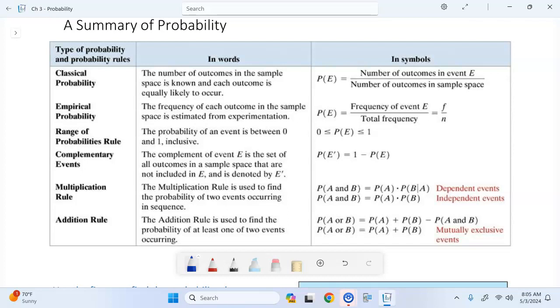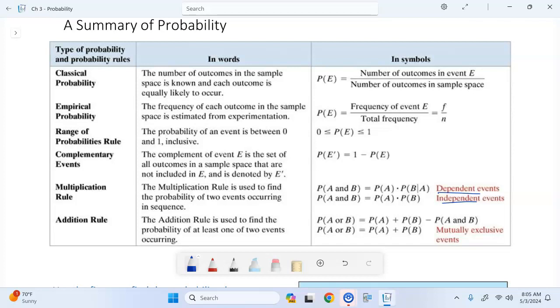Our multiplication rule is used when we're finding the probability of two events occurring in sequence. We're using that word and. So I want this thing to happen and this thing to happen. Addition rule is used when we're finding the probability of at least one of two events happening, so the probability of this or the other taking place. For multiplication, we make sure we're identifying whether they're dependent or independent events.